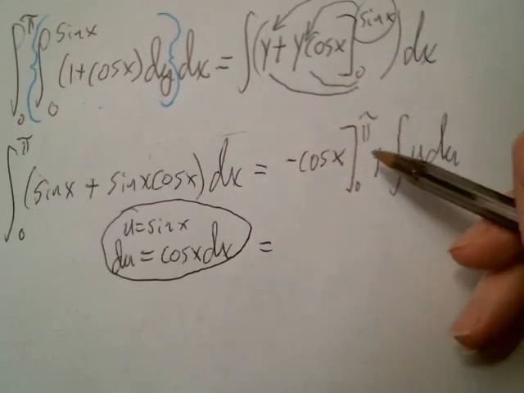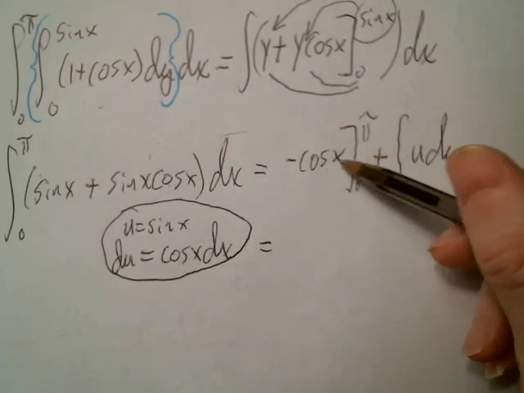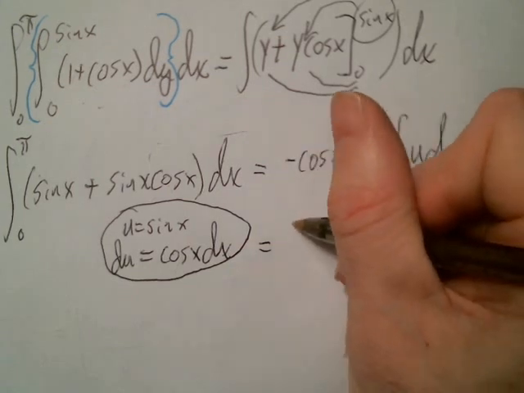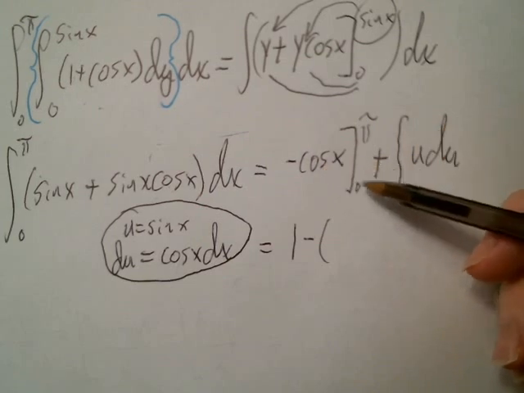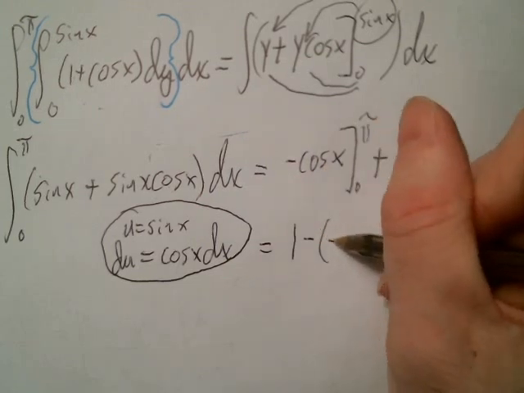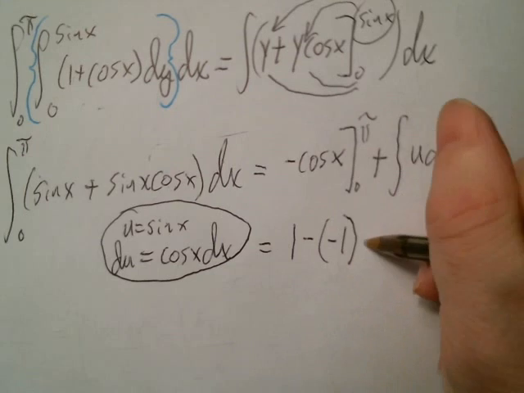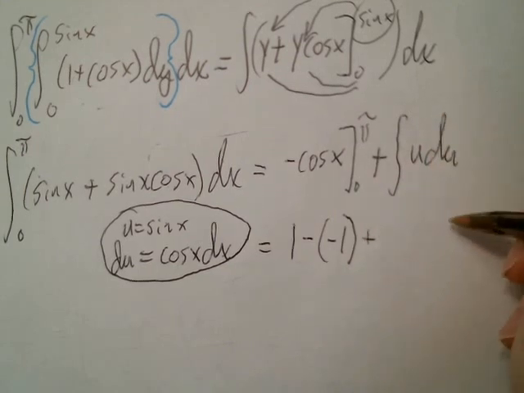This part of it then, negative cosine of pi. Cosine of pi is -1, negative of that is 1, and then minus negative cosine of 0. Cosine of 0 is 1, so I have negative 1. And then plus this part, which will be u squared over 2.